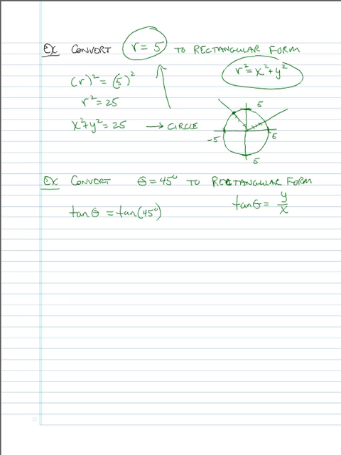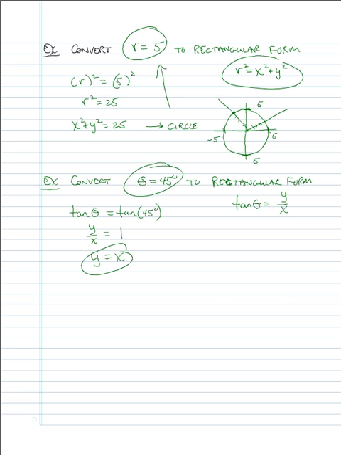And on the left side, I can replace tangent of theta with y over x. And on the right side, I know the tangent of theta at 45 degrees is just 1. And so then I could multiply both sides by x, and I would have y is equal to x. So in this case, we actually have a diagonal line, don't we? Y equal x is a diagonal line.